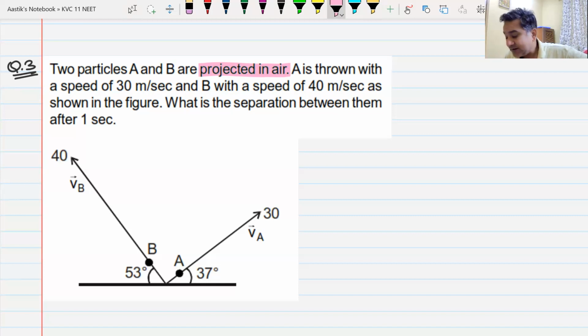The only difference is in the question that we did, cars were moving in the same direction towards each other. Projectile were moving towards each other. Now the case is one projectile is moving like this and the other projectile is moving like this, but that does not make any difference in the way that we are going to solve this question. Do we understand this? I'll give you 2 minutes to solve this.